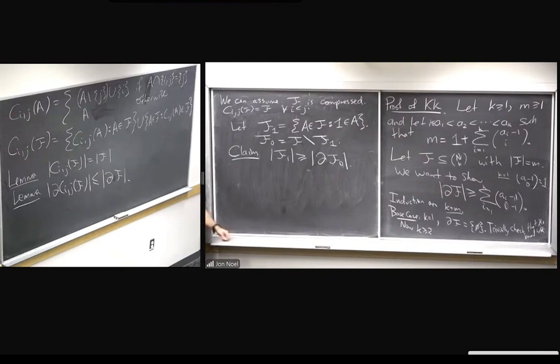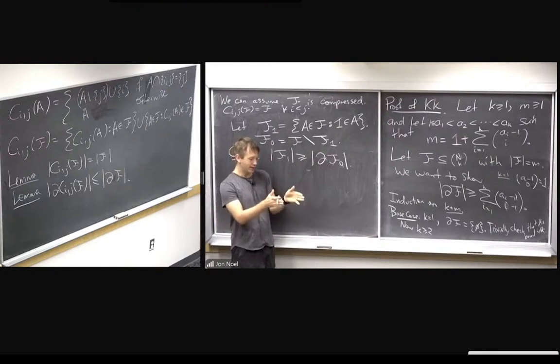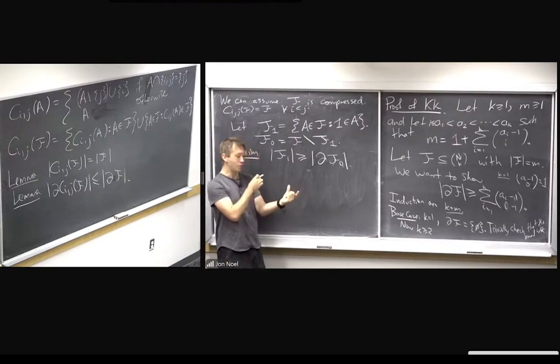So, the idea is as follows. Actually, this comes down to being compressed. I'll write this down formally in a second, but take something in the shadow of F0. That means you take a set A in F that doesn't include 1, and you delete something from it. And now imagine I add the number 1 into it.